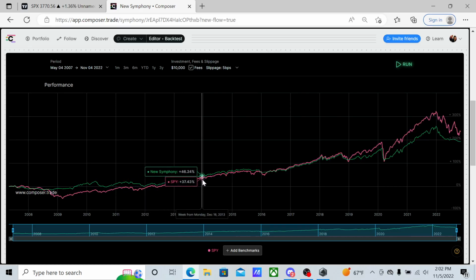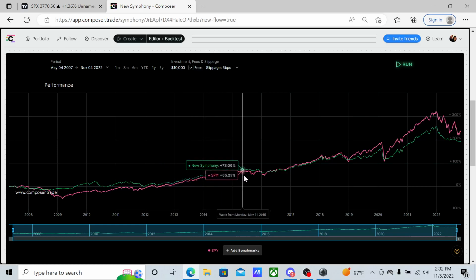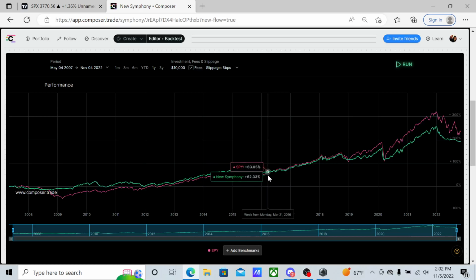If you were simply following the 200-day moving average strategy, you actually would have been beating the buy and hold S&P 500 till about 2016. It took that long to catch up.